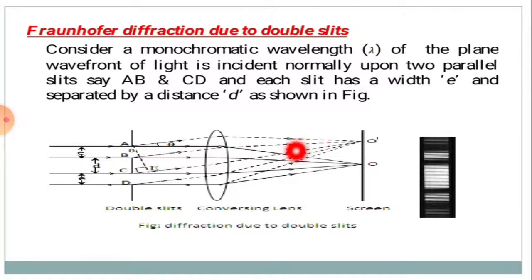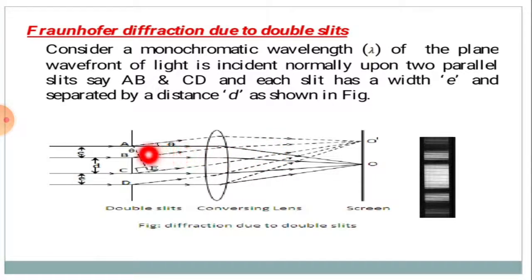From here the light rays travel like this with a deviation of theta, and when these light rays are focused at point O dash on the screen, whether the point O dash is bright or dark will depend upon the path difference between these two light waves which are deviated with an angle theta.